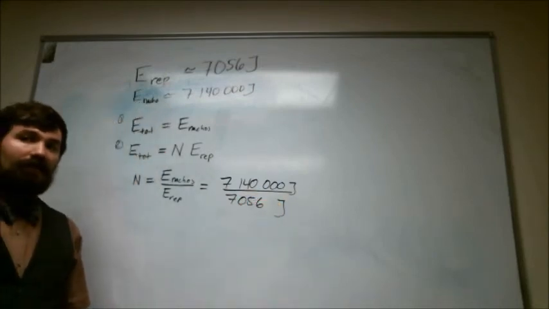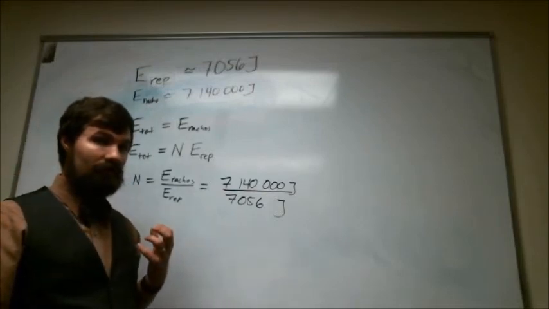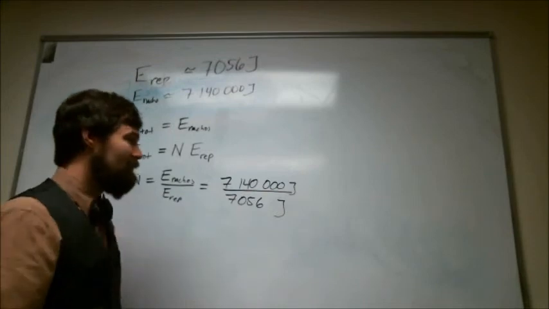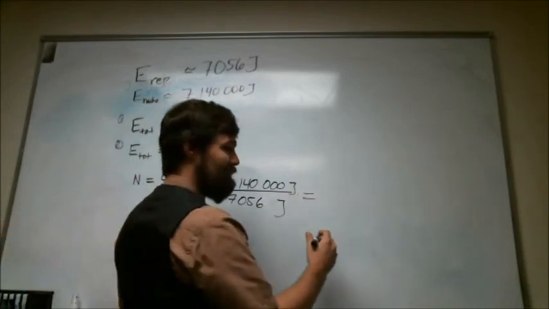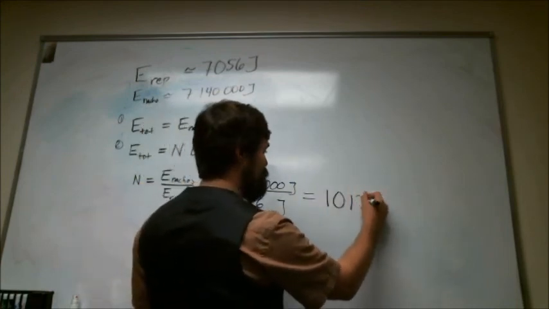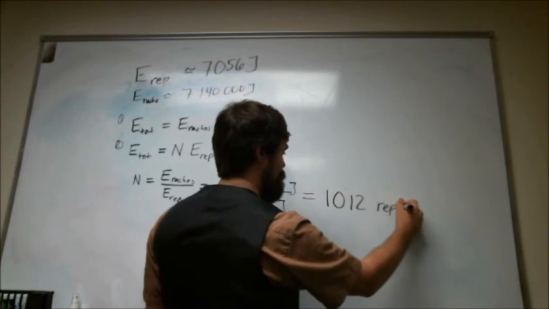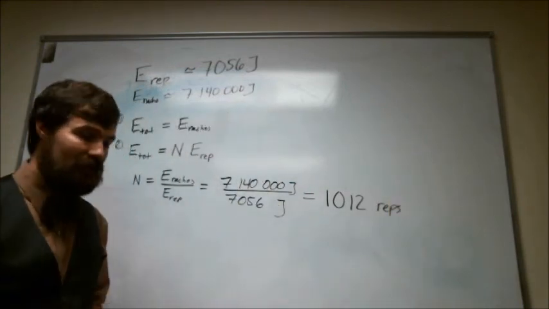So given that you have to do a whole number of reps, I get that he needs to lift and lower this thing 1,012 times before he's burned off those nachos from Moe's.